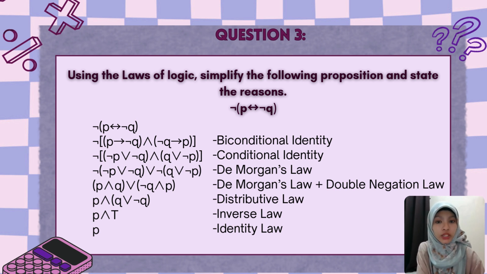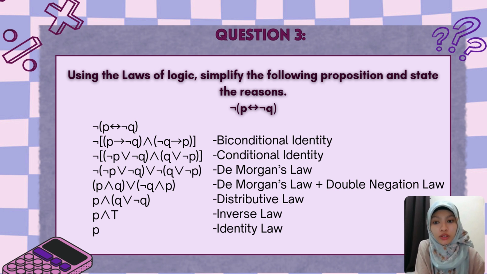Let me explain one by one. For biconditional identity, we need to exchange the logical equivalence into implies using their formula. Second, conditional identity, we need to exchange the implies into their formula. For De Morgan's law, we need to apply the not to each bracket. For double negation, if there is a not and not together, they will disappear.